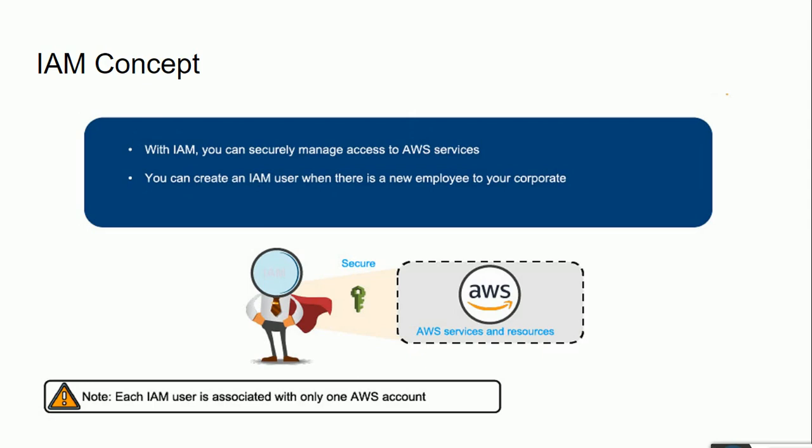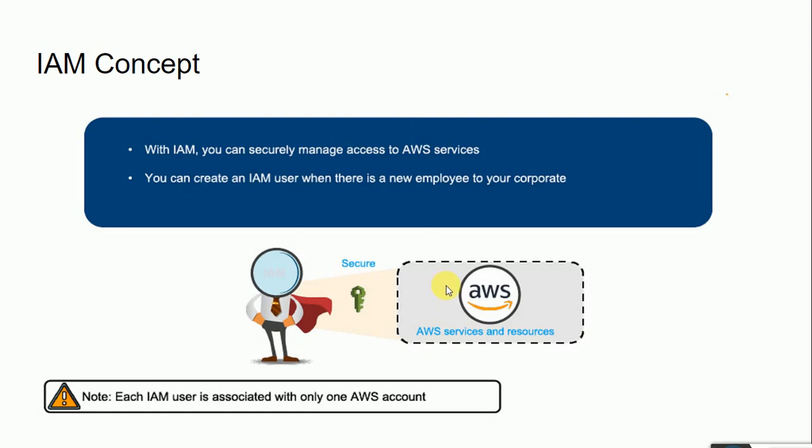For example, as I mentioned earlier, the person who needs to have only billing, who just needs to check the billing, we need to provide only billing administrator rights. So using IAM, here in this picture we can see the IAM user securely communicating with the AWS service.